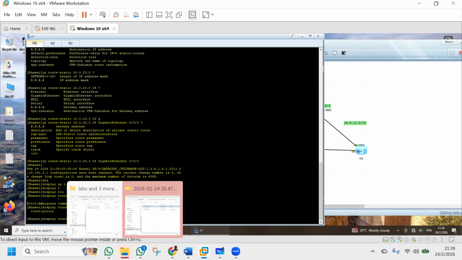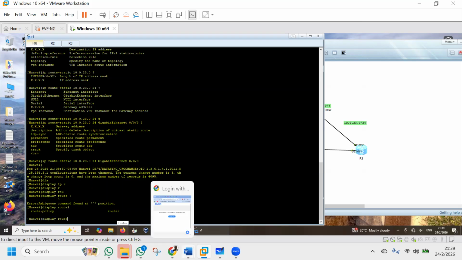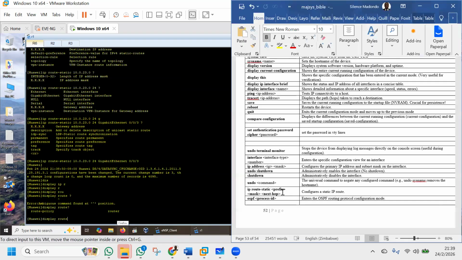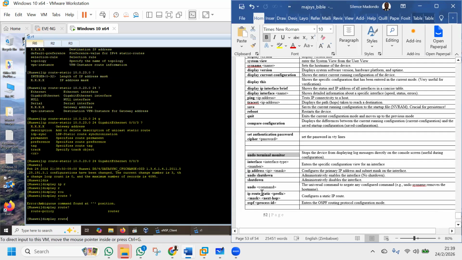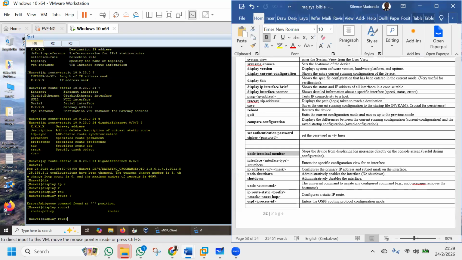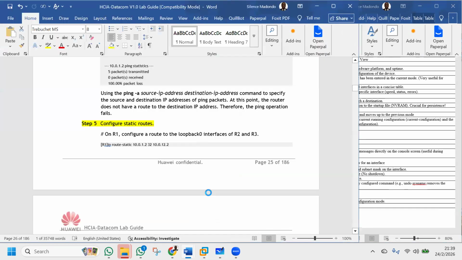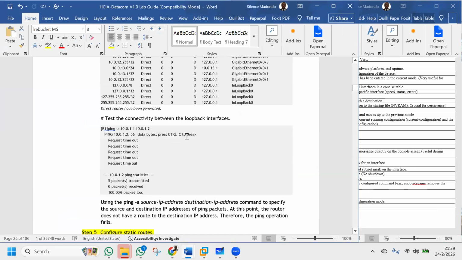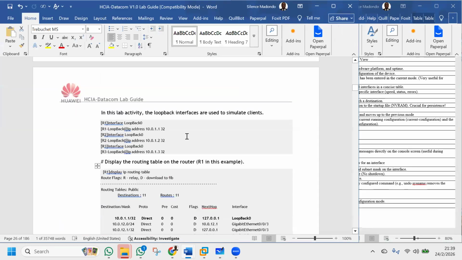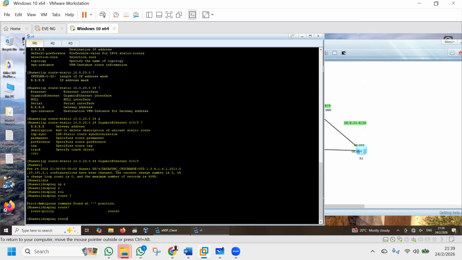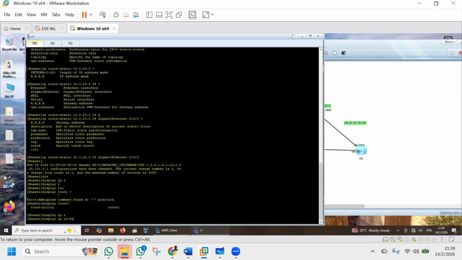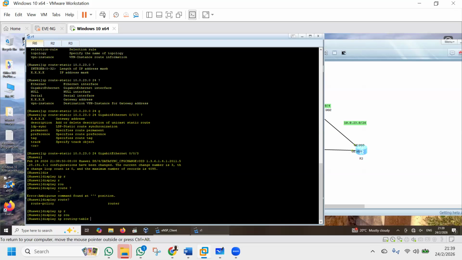How do we display the routing table? Display IP interface brief, display routing table. How do you display the routing table? Display IP routing table. Let's display IP routing table.